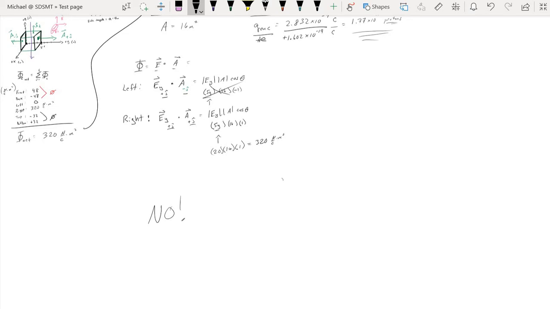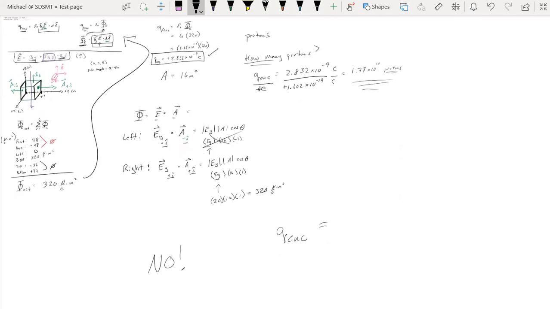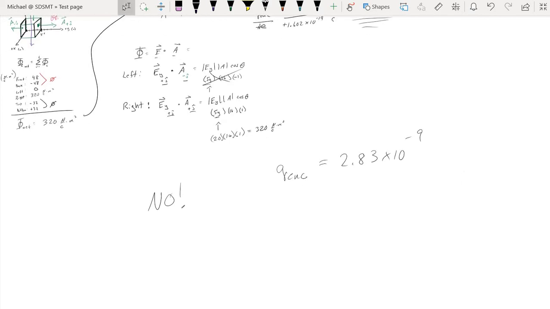All we know for sure is that the net charge inside of that cube is the positive 2.83 times 10 to the minus 9. So all this means is that we have an excess amount of charge equal to this.